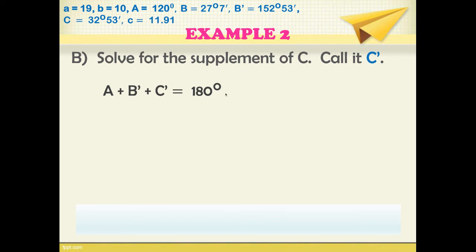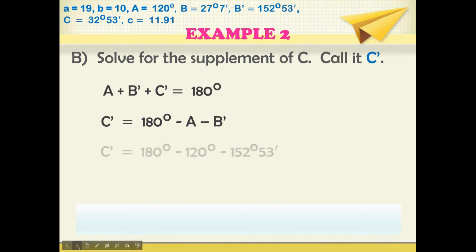Remember, the angle sum of a triangle is equal to 180 degrees. Now, these three angles, A, B prime, and C prime, are the angles of the second triangle that we are solving, if that second triangle exists.